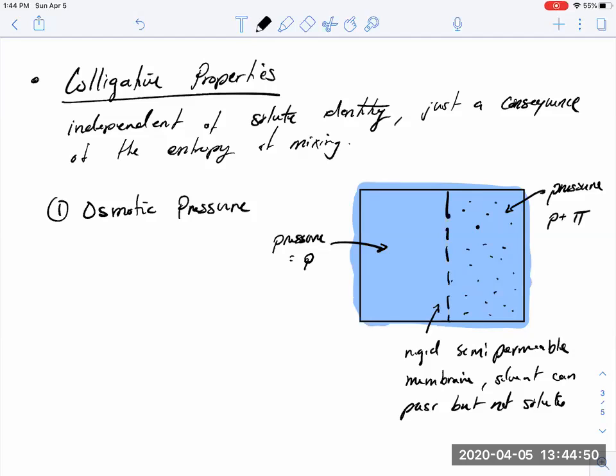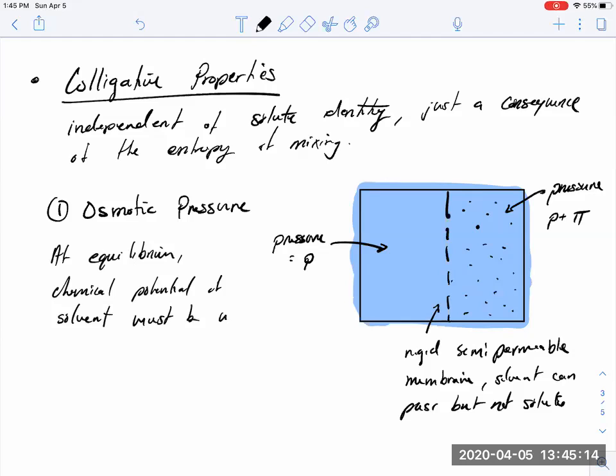It must be the case that at equilibrium, the chemical potential of the solvent must be uniform, because it is able to traverse that semi-permeable membrane.